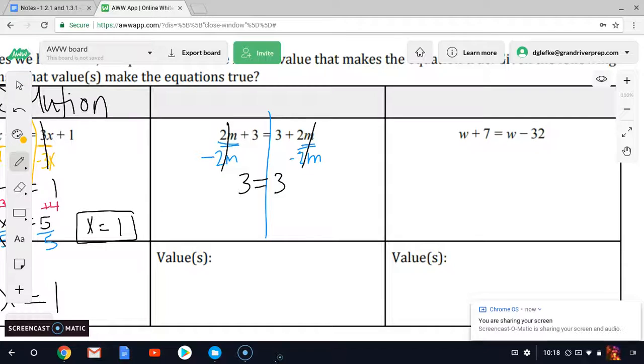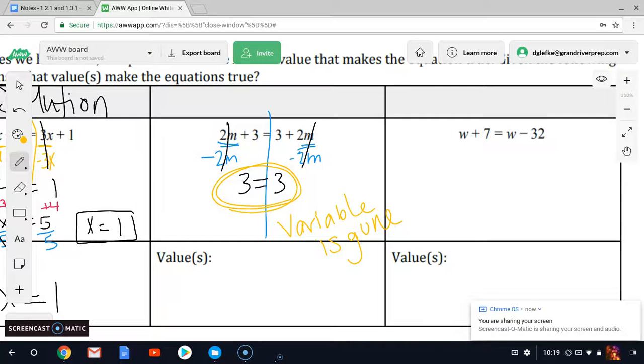Okay, so I want you to write something here. Our variable is gone. This is different from when we checked our solution. When we're solving it and our variable disappears, that's a big deal. So then we have to look at this right here. Does that make sense?